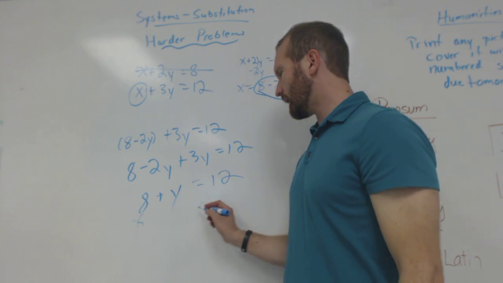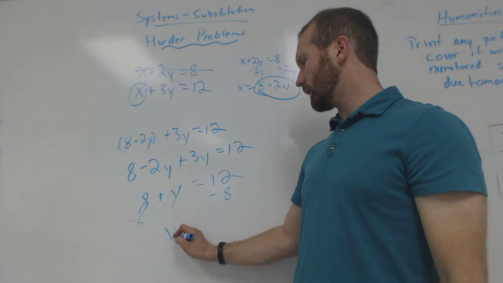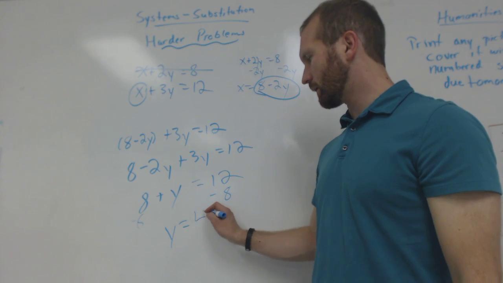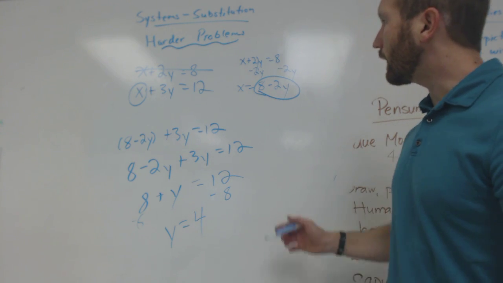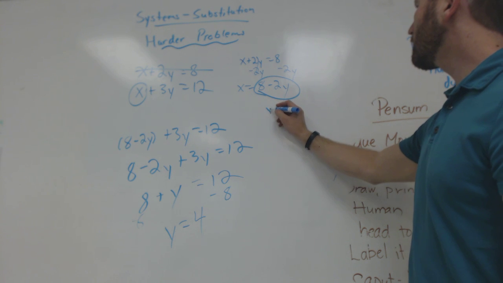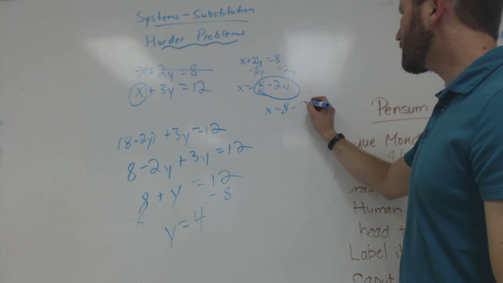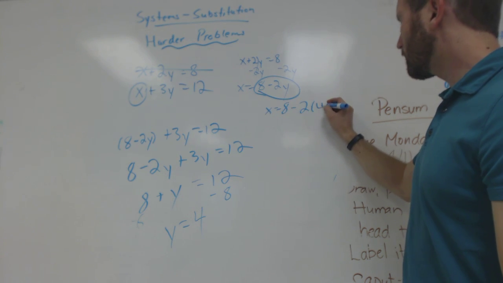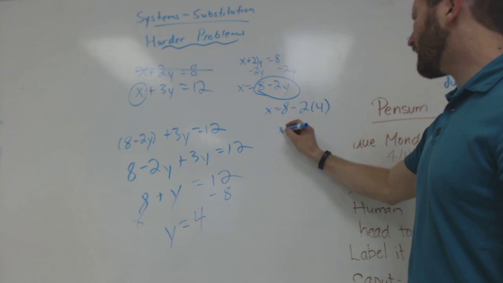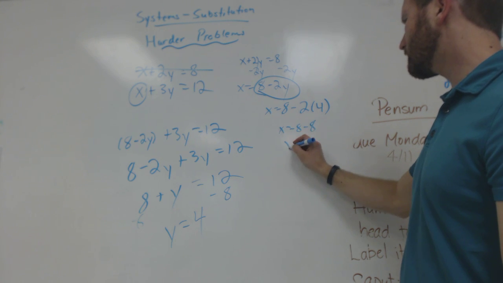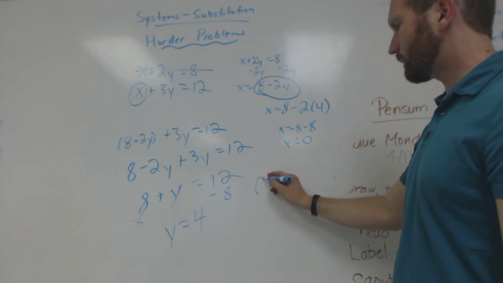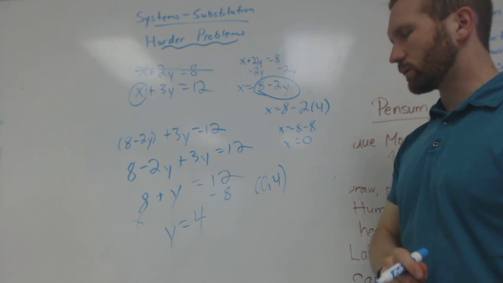Subtract 8 from both sides. y equals 12 minus 8. It's 4. Now I have to find x. Let's use this equation. x equals 8 minus 2 times 4. x equals 8 minus 8. So x is 0. My answer is 0.